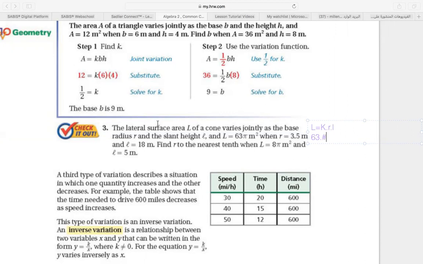Okay, girls, 63 pi equals k multiplied by R, which is 3.5, multiplied by l, which is 18.